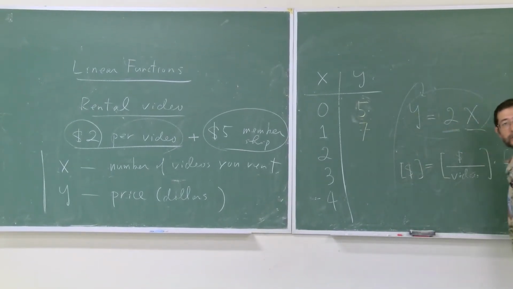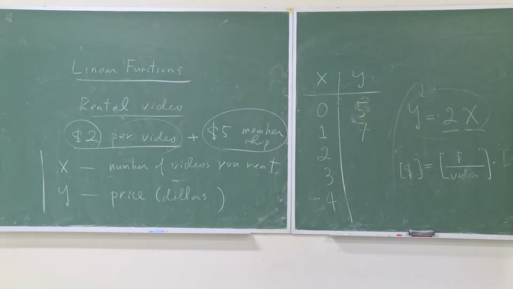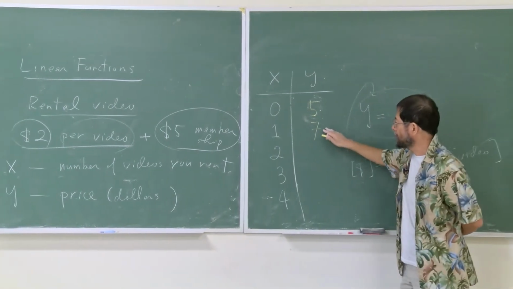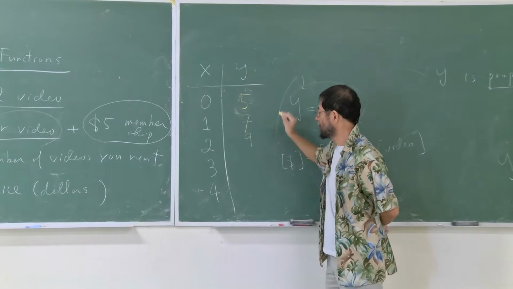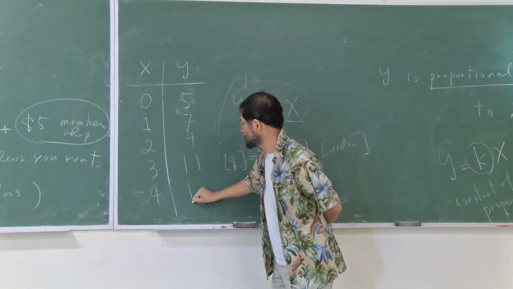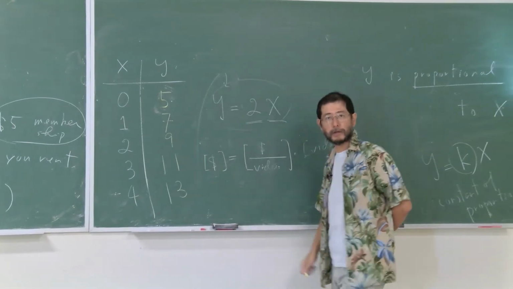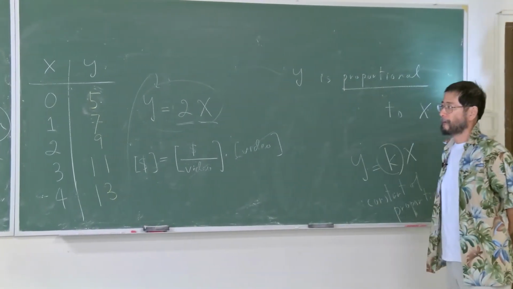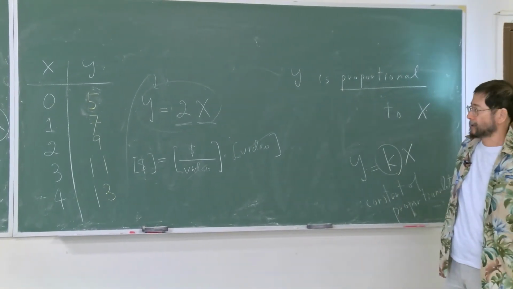So together, you have to pay $7. Then 2 videos, you have to pay 2 more. So this is $9. Then 2 more, so this is 11, and then this is 13, and so on. So this is your new table for the new situation there.